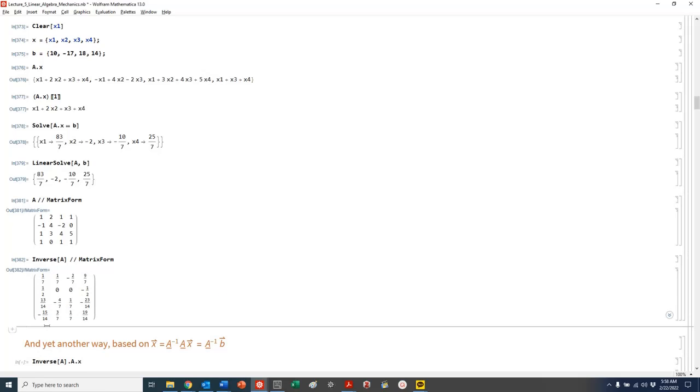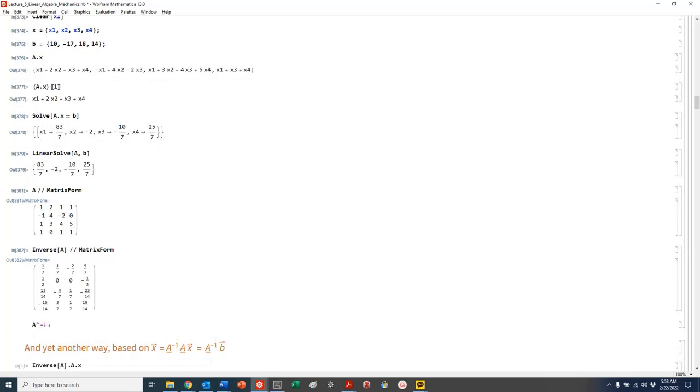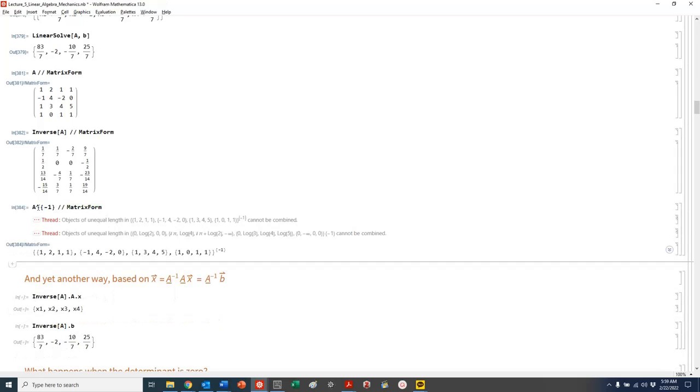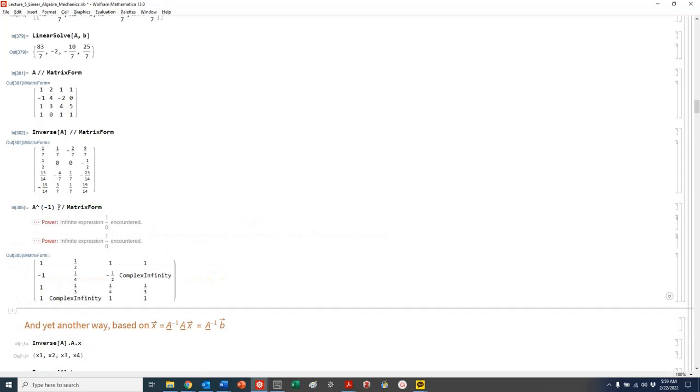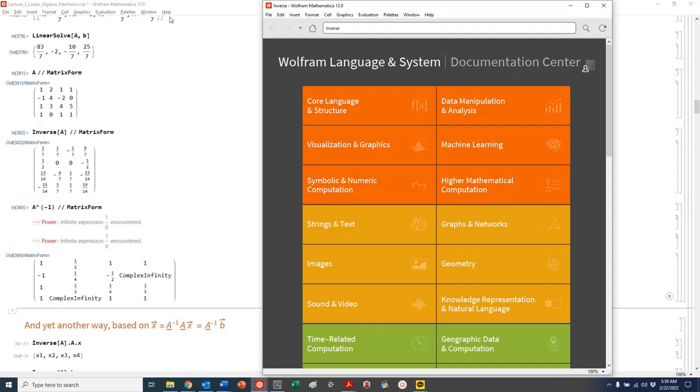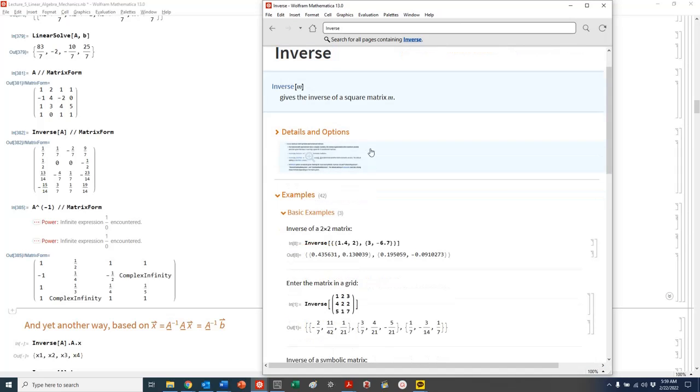And let's do A to the minus 1 in matrix form. Very different values, right? So what is the inverse doing? The inverse of a square matrix.